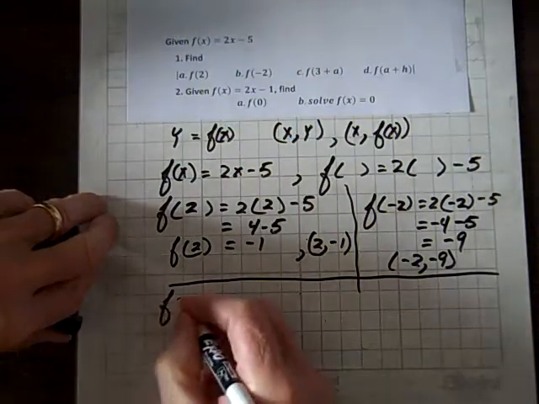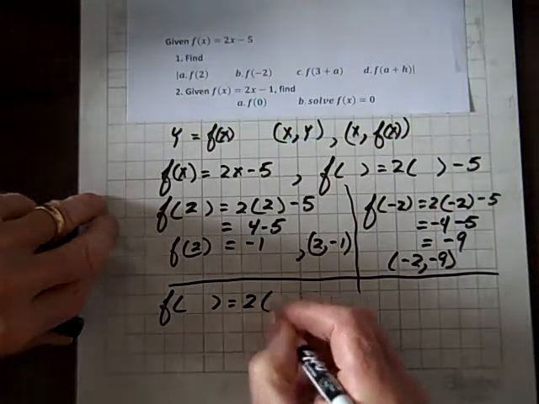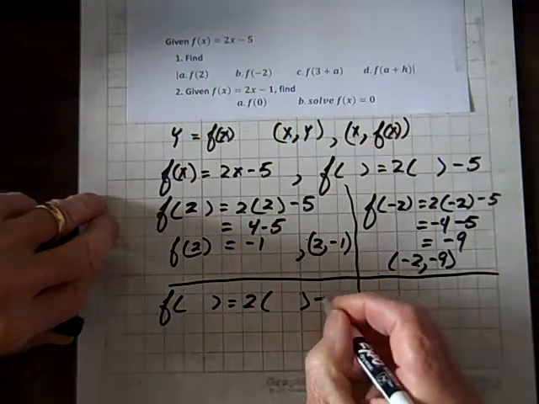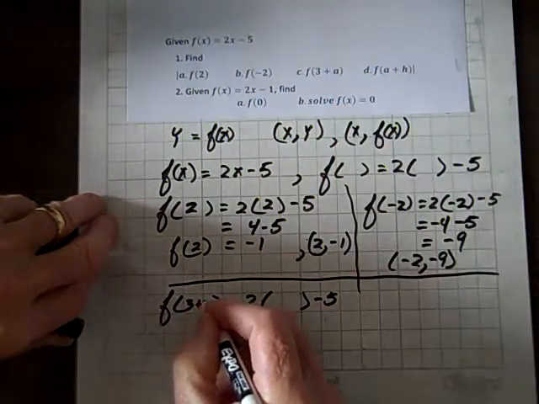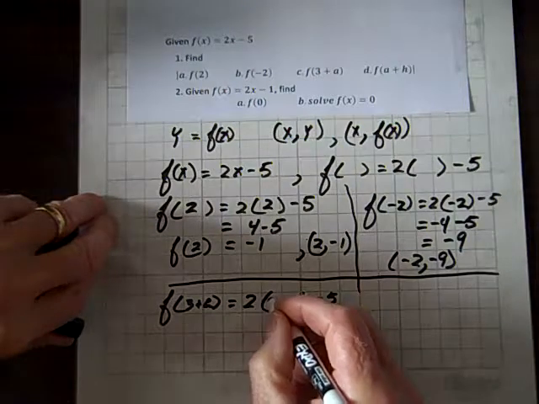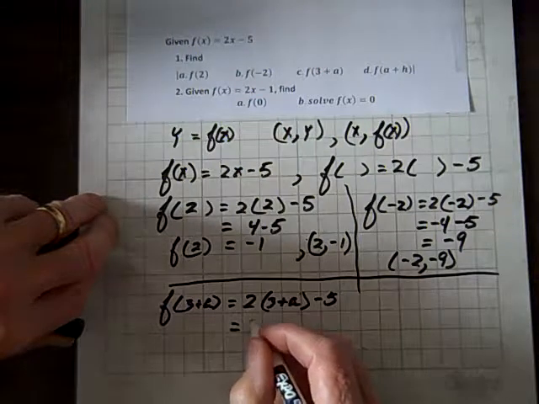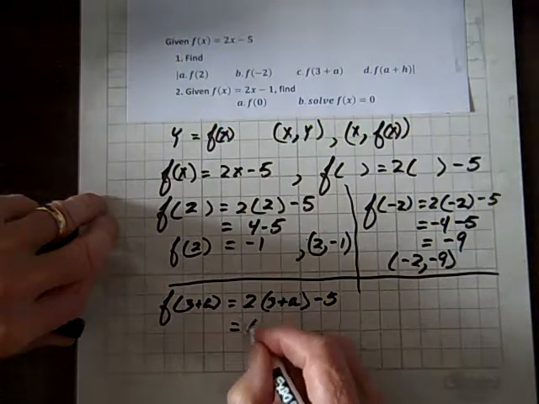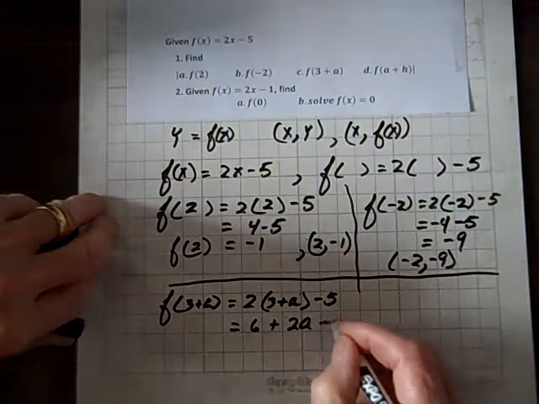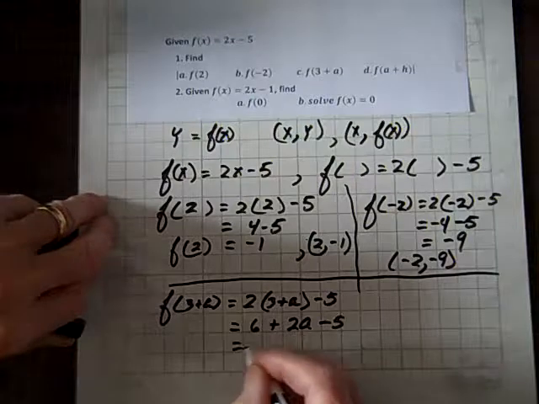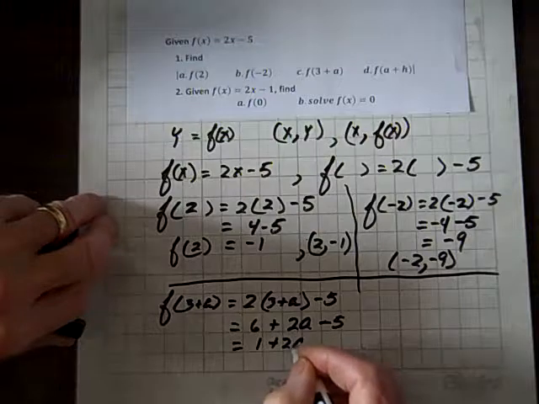So f of whatever equals 2 times whatever minus 5. So if we put a 3 plus a there, then we have to put a 3 plus a here. Now we'll distribute the 2, and we get 2 times 3 is 6, and 2 times a is 2a, minus 5, and 6 minus 5 is 1, plus 2a.